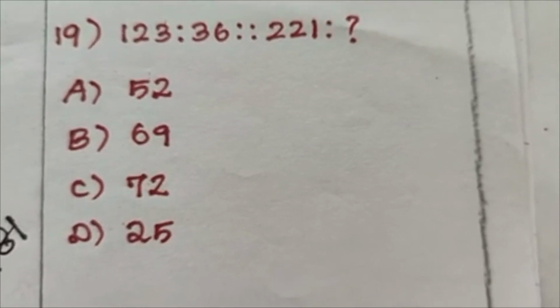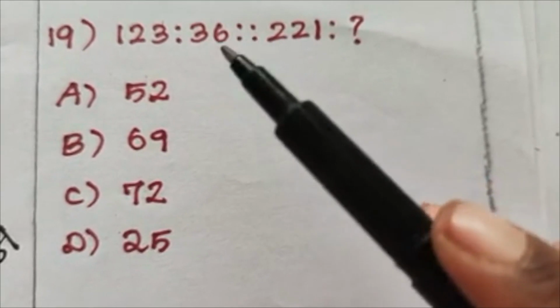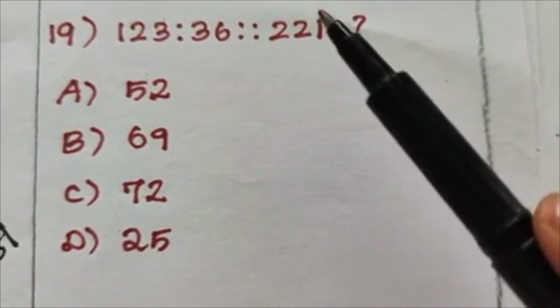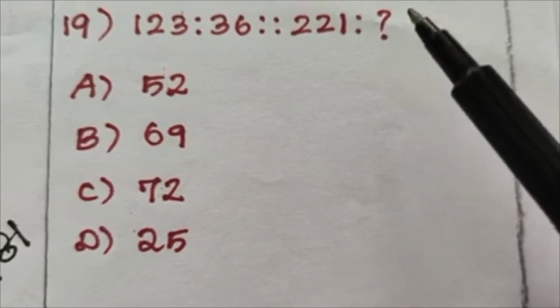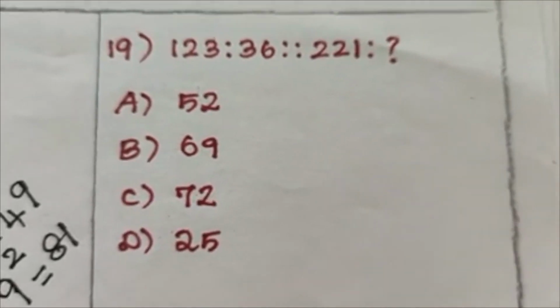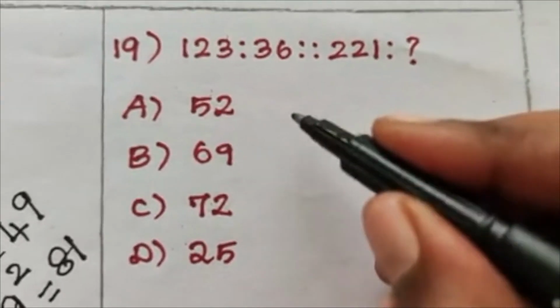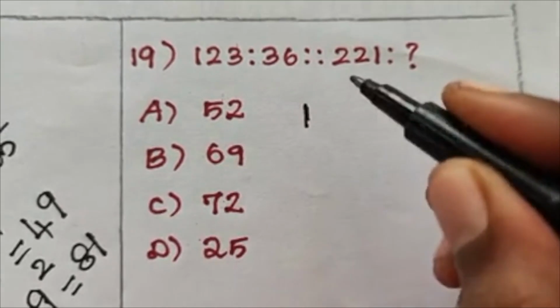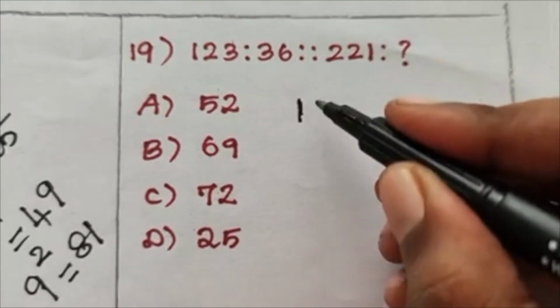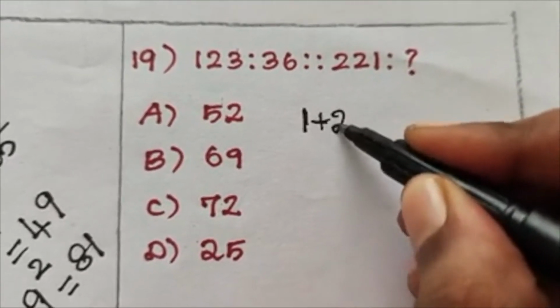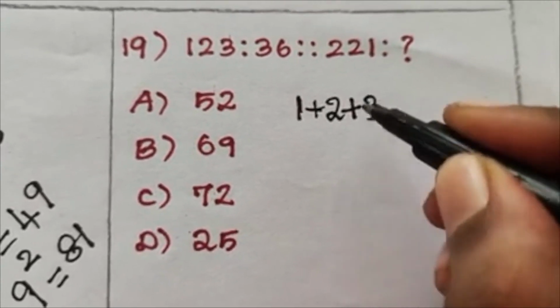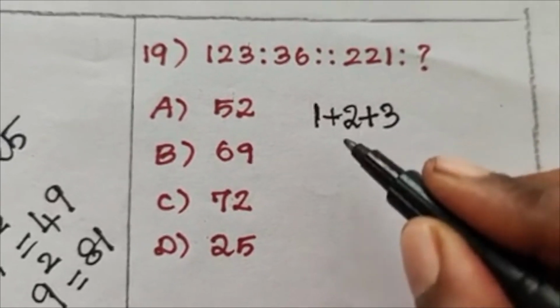Next question number 19. 123 is related to 36. In the same way, 221 is related to what? Okay. So 123, we can write as 1 plus 2 plus 3. So 1 plus 2 is 3, 3 plus 3 is 6.